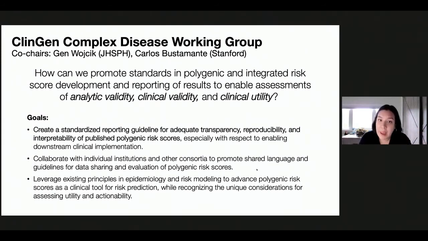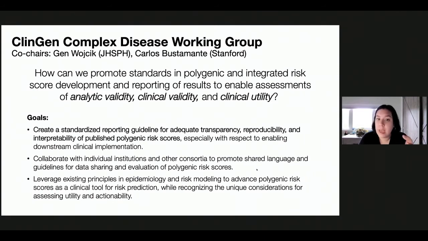And this spans the entire pipeline of polygenic risk score development and validation and assessment, from the analytic validity, so are scores saying what they say they're saying in the data sets, to the clinical validity and the clinical utility. And there are several goals that we set out as the working group, I think a few years ago at this point. The three goals, I'll go briefly over them.